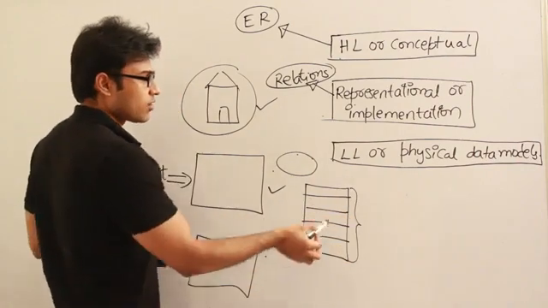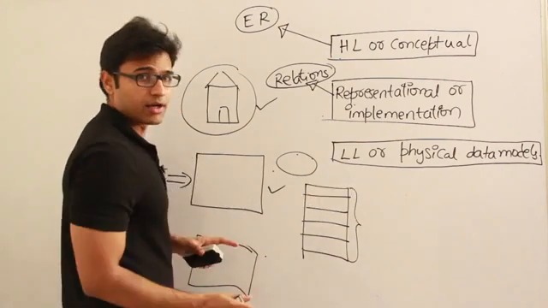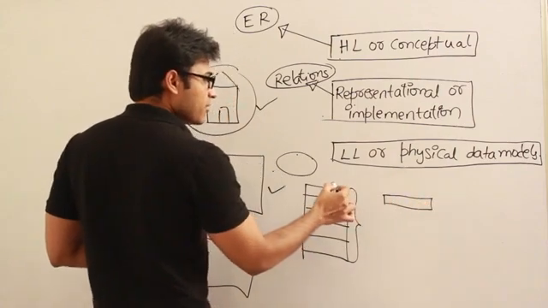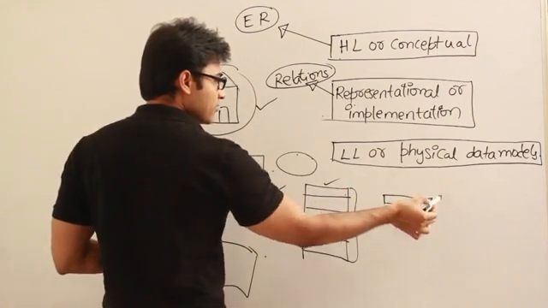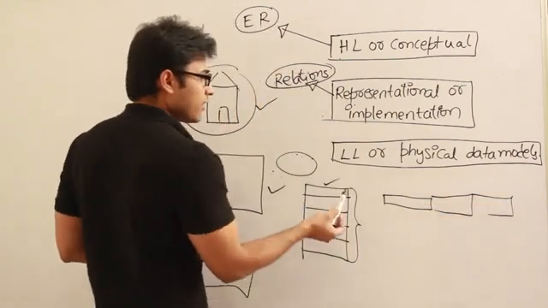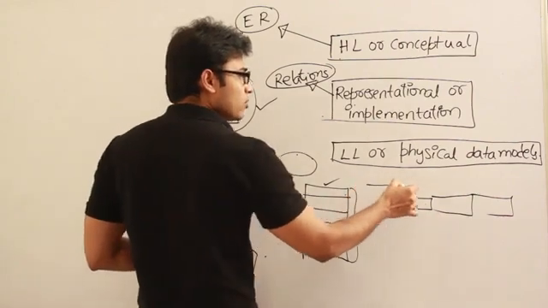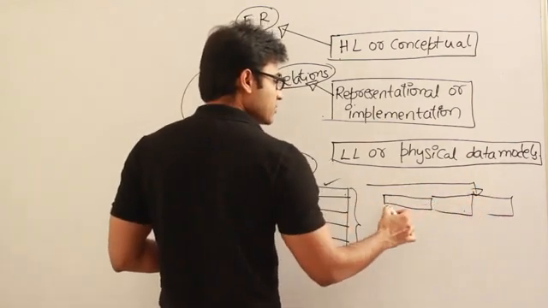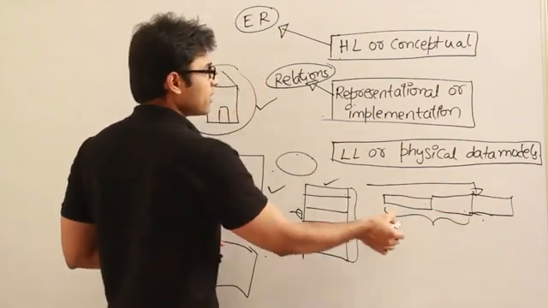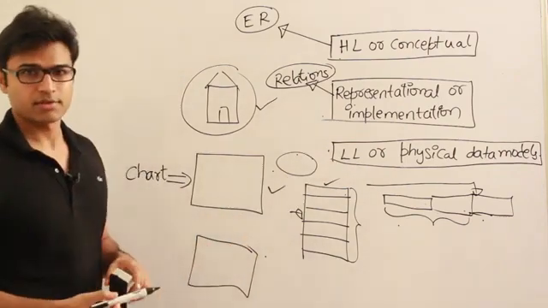But you are not going to save the entire table image in memory. You are going to store it as a sequence of bytes, which means if you go record wise, you will place the first record, then the second record, then the third record. Then to access the third record in the table, you might have to skip these many bytes. That is called accessing. So how do you access a record? Everything that will be discussed using these physical or low level models.